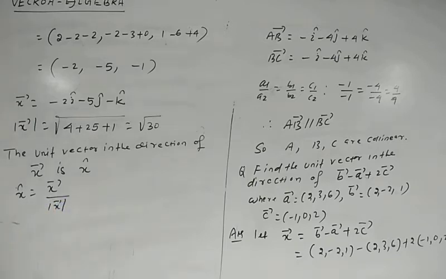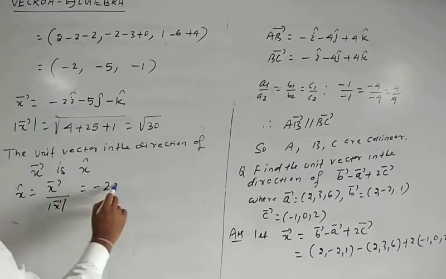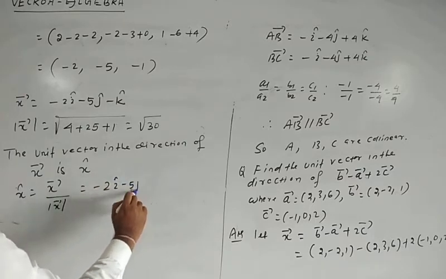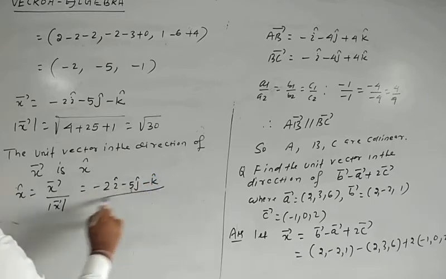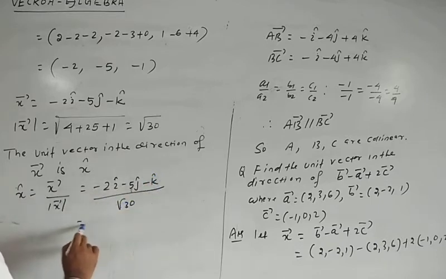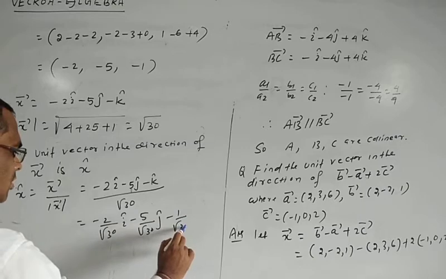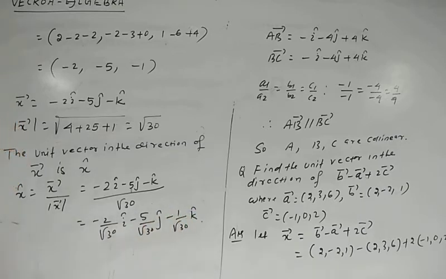So x cap equals minus 2i cap minus 5j cap minus k cap by root 30. So this is equal to minus 2 by root 30 i cap, minus 5 by root 30 j cap, minus 1 by root 30 k cap. Okay, next we do another problem by vector method.